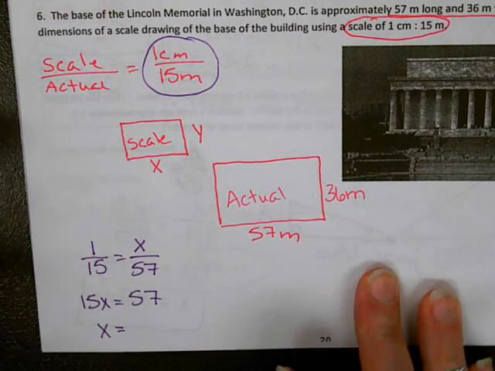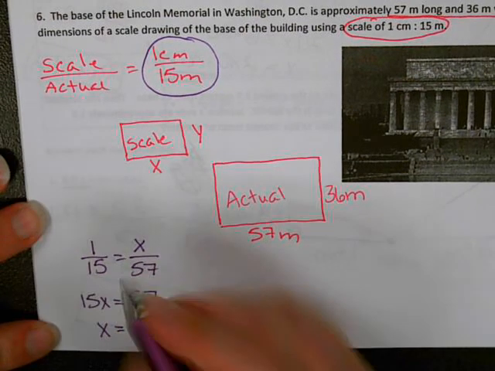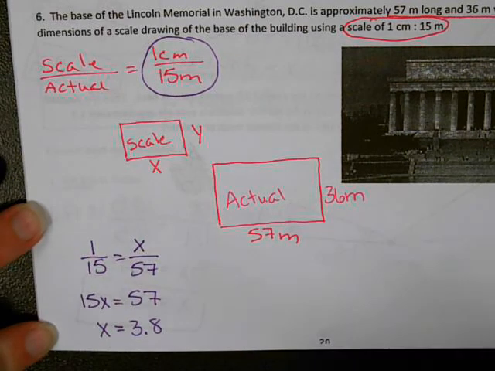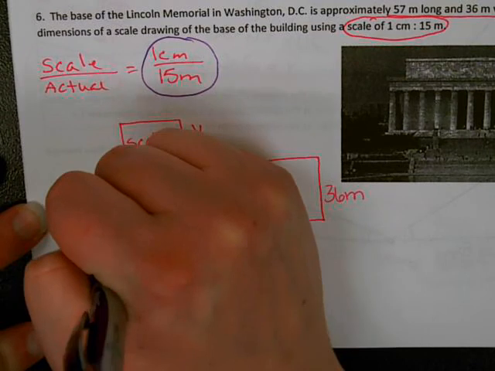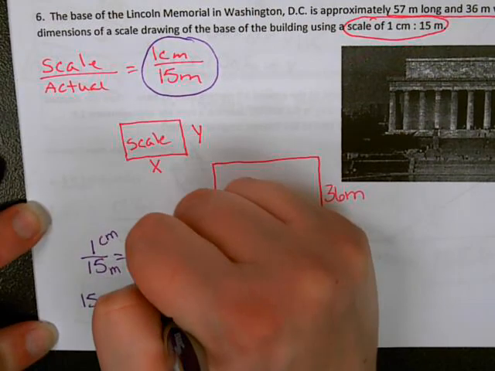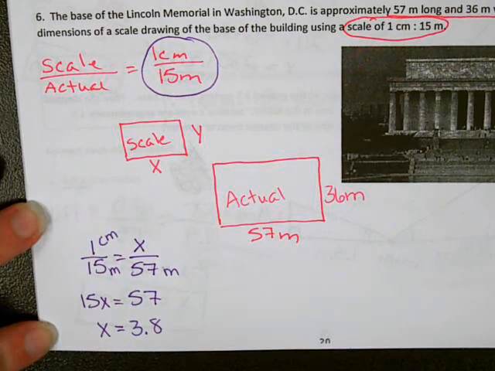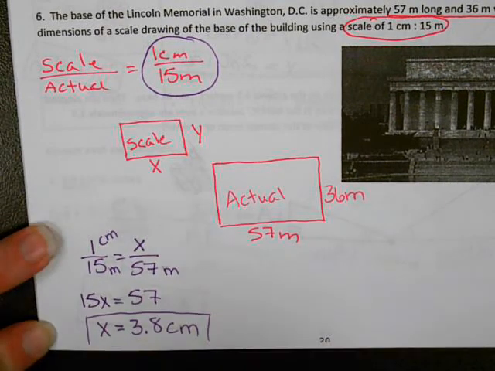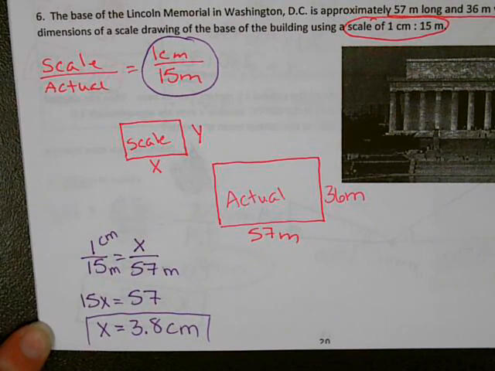Divide that 15 over, and we get x is equal to 3.8. And we have to think about what our units are, right? So we had centimeters over meters, and this distance is meters, which means my x value is going to have to be centimeters. We have to keep that consistent, right? That's my scale drawing, so the 3.8 is centimeters.